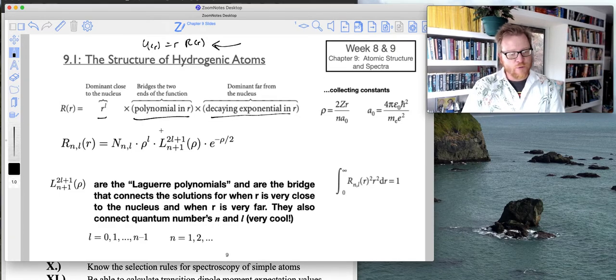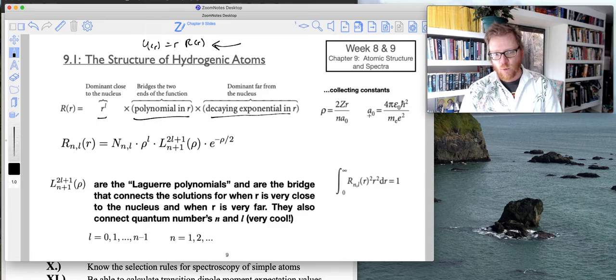We're not going to do it ourselves, but I'm just going to present to you now the solution. Okay, so collecting our constants, we know that a naught is the collection of all of these constants. For convenience, this term rho is used to collect the 2Zr over n a naught, where n has its usual meaning, that's quantum number n.